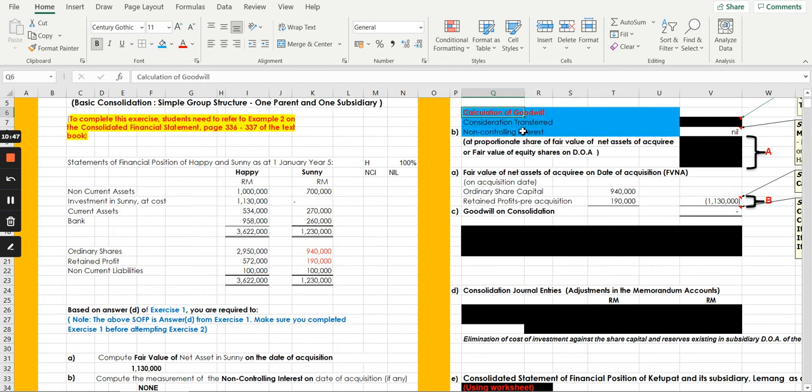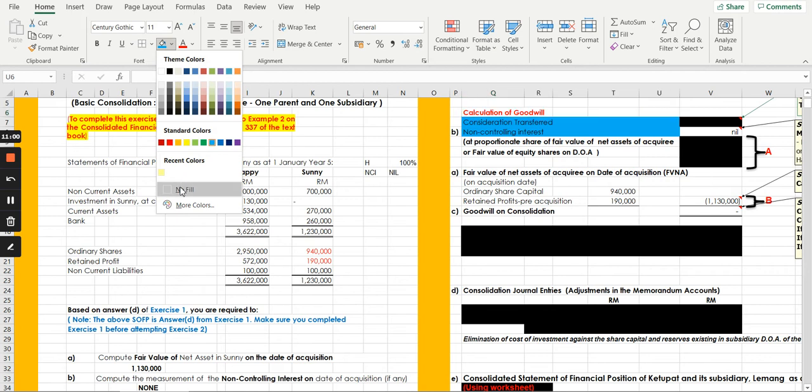The non-controlling interest must be correctly measured, either using option 1 or using option 2.